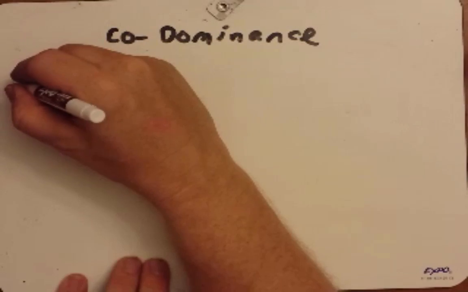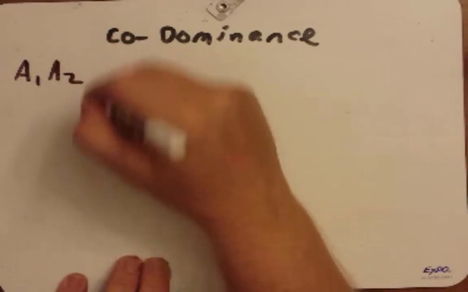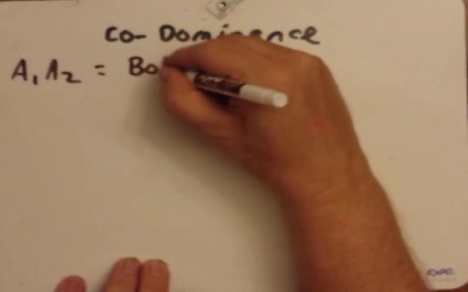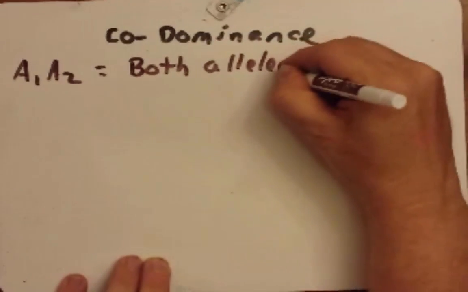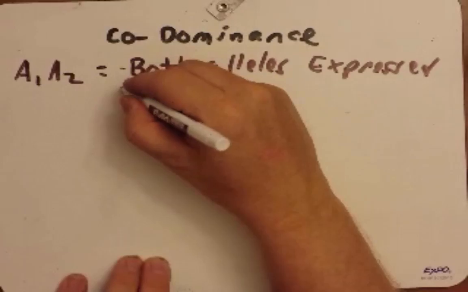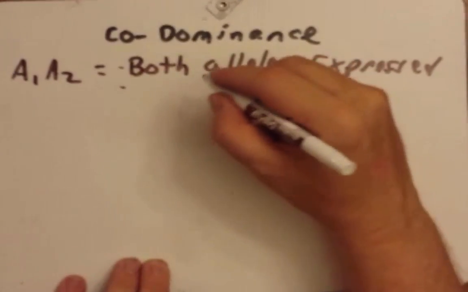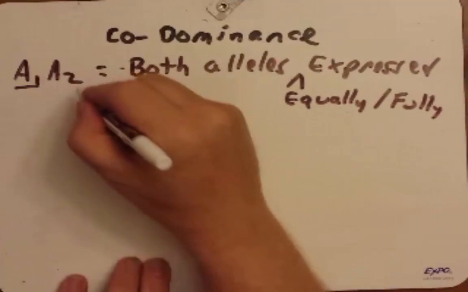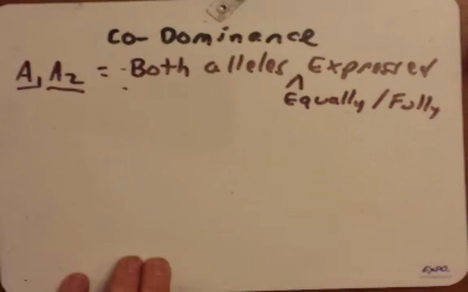Codominance is when you have two alleles, and we're going to call them A1 and A2 now. And these alleles, they are both expressed, so both alleles expressed. And in their expression, they're both equally expressed, fully expressed, meaning you fully detect A1 and you fully detect A2.